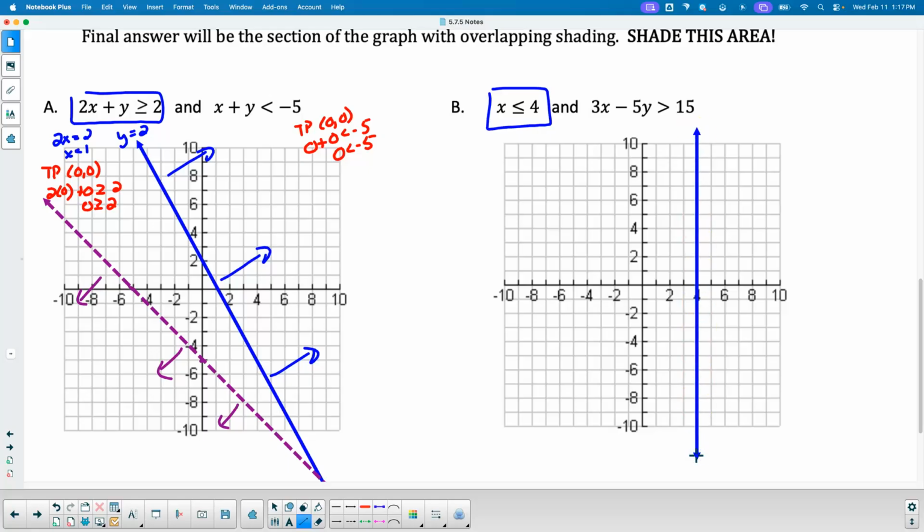I can still test point the origin here. I'm just not plugging in anything for y. So that's just 0 is less than or equal to 4. That is true. So I'm shading on the left side of that vertical line. Okay?